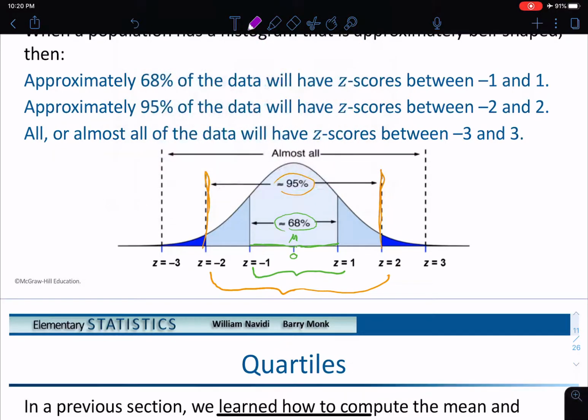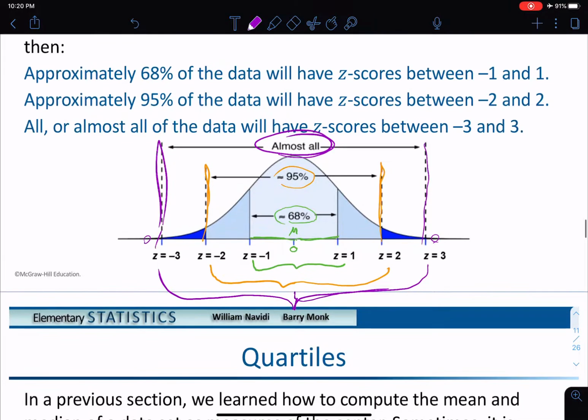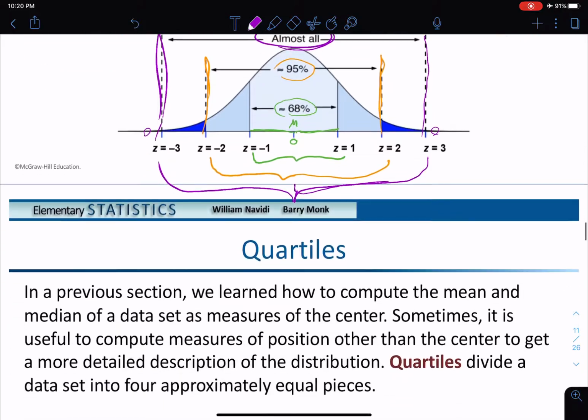And almost all of the data is going to be captured if we go to the right 3 z-scores and to the left 3 z-scores, remembering there's just tiny little bits that we're not getting out in the tails. But that's like 99.7 or 99.8, somewhere around there, of the data. Okay, so there's a big idea right there, super big idea, z-scores. We'll be talking about that in this chapter, in this test, but then also it comes up a lot later on. So we're going to start wrapping our head around that idea.